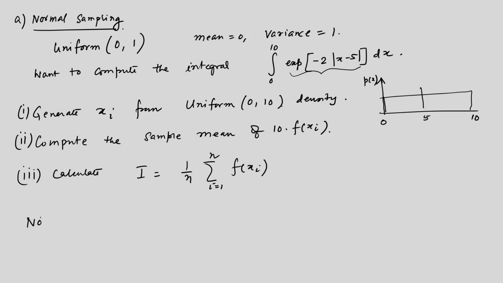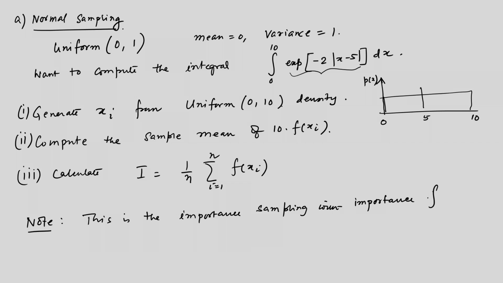Note one thing which will become more clear, that this is importance sampling with importance function w(x) equal to nothing but your p(x). Okay. So, now let us look at the more important thing, which is called the importance sampling.